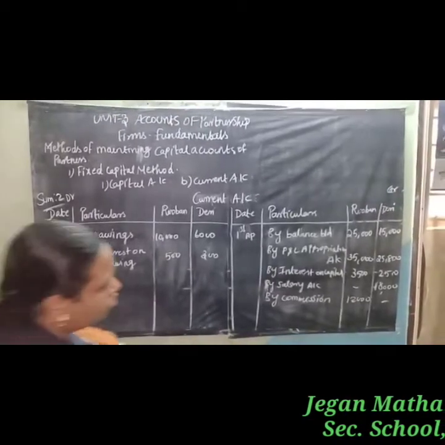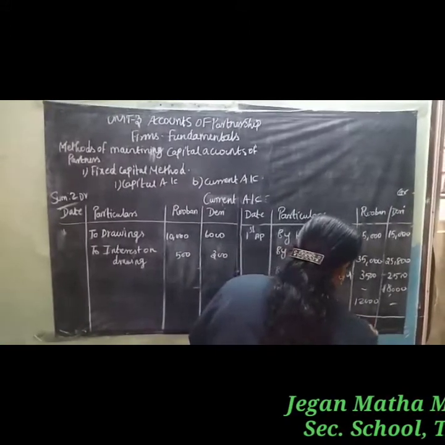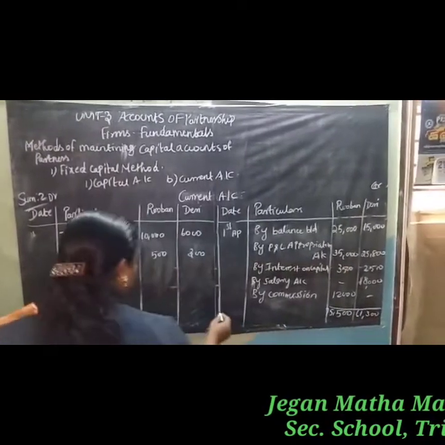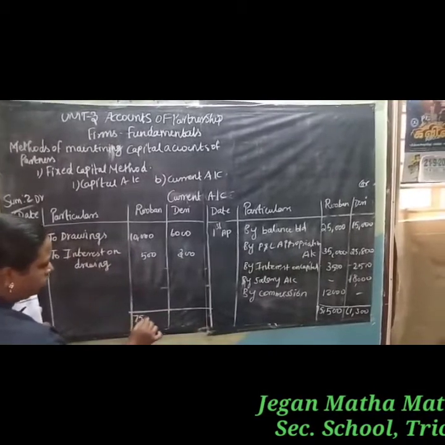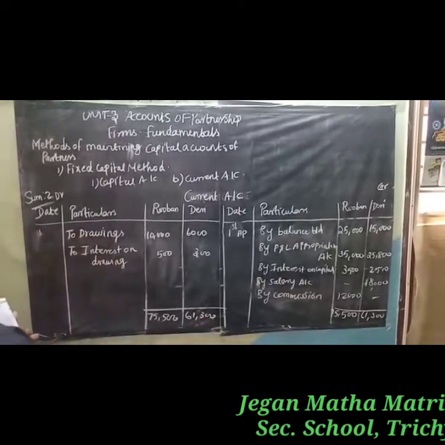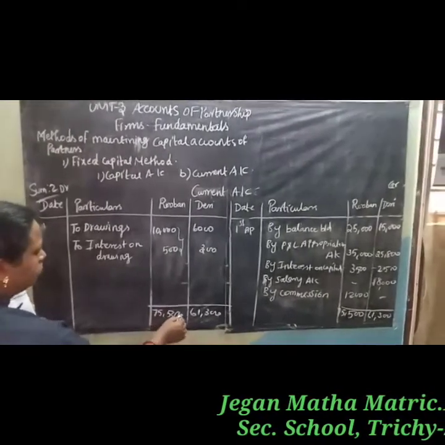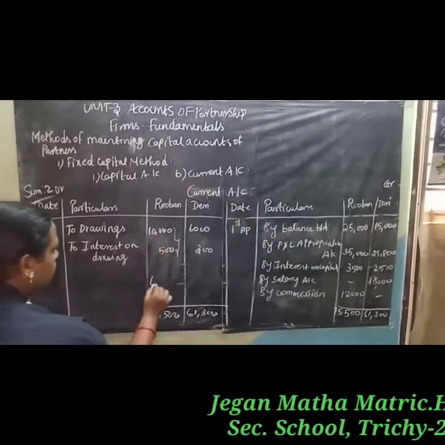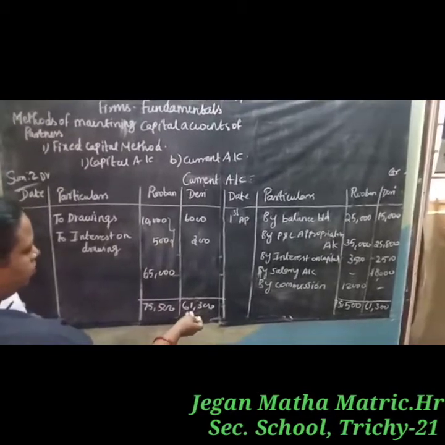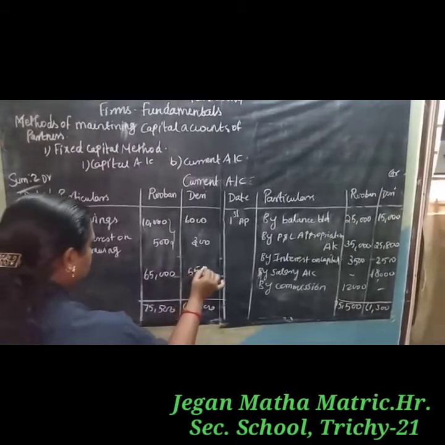The credit side is more, so we add the credit side: 75,500 and 61,300. Debit total 10,500; 75,500 minus 10,500 is 65,000. For Derry 61,300 minus 6,300 is 55,000.